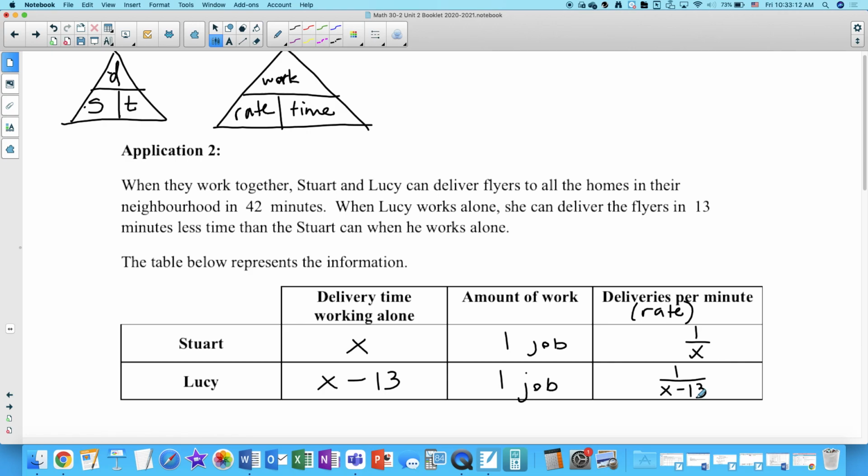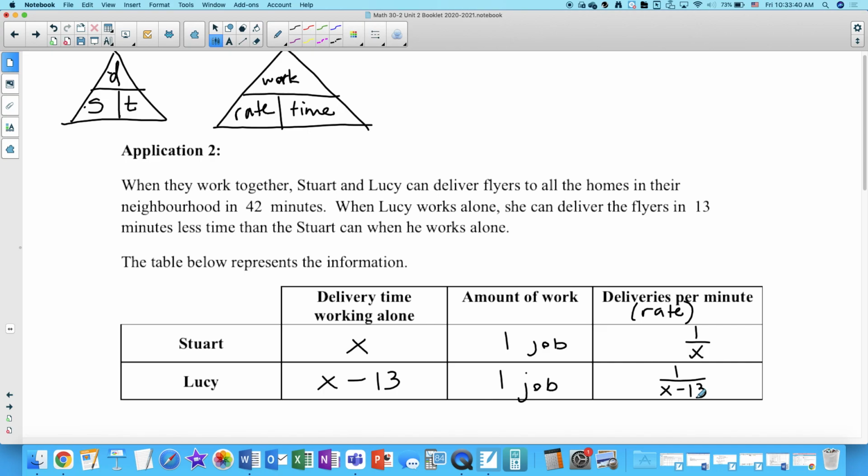Okay, so in these charts, you're going to look at time, amount of work, rate. You fill two of them out by yourself, and you use the other two columns to fill out the third. Now this may seem kind of weird to think about, the rate is 1 over x. But let me put it this way.